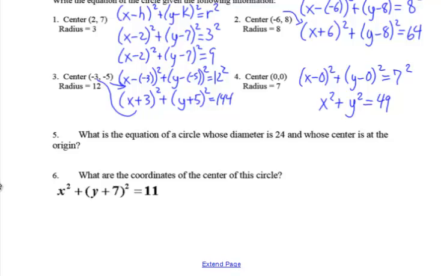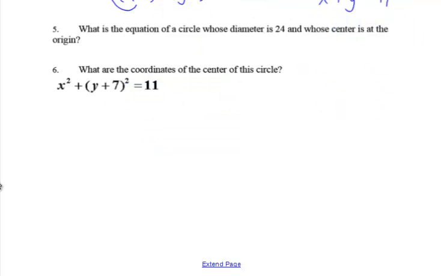Okay. So just 2 more questions to finish this up here. And number 5, as we look at this, what is the equation of a circle whose diameter is 24 and whose center is at the origin? All right, so just a little bit of a wrinkle. If the diameter is 24, the radius is going to be 24 divided by 2. Remember, the radius is half. And center, the origin.